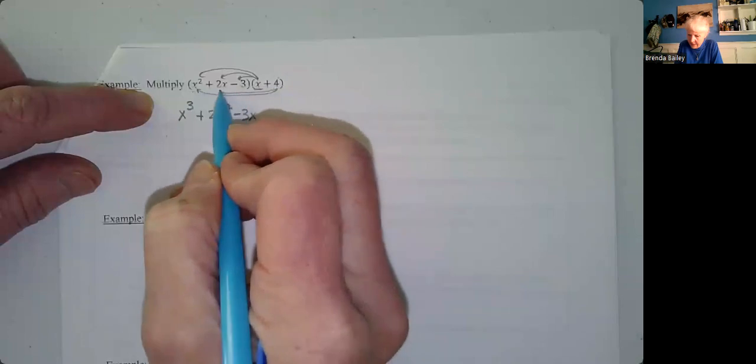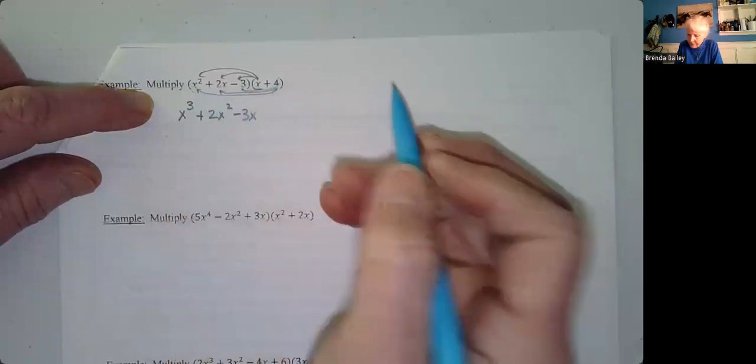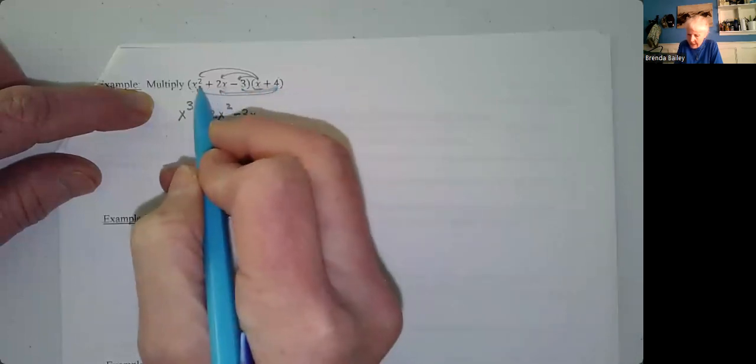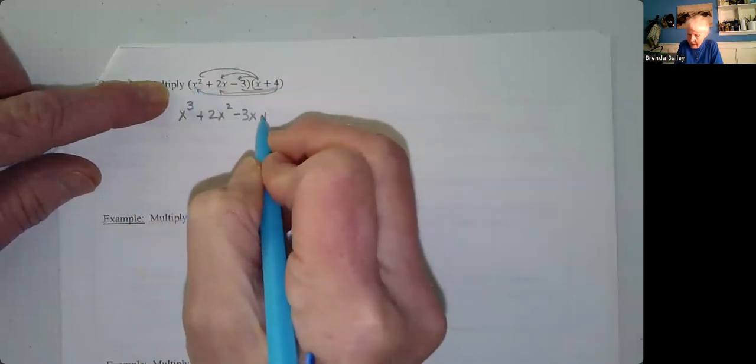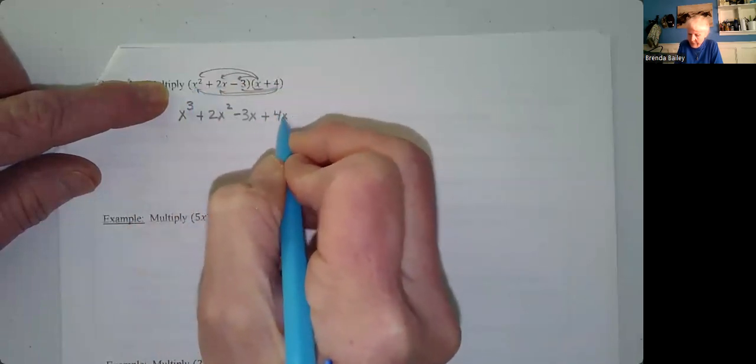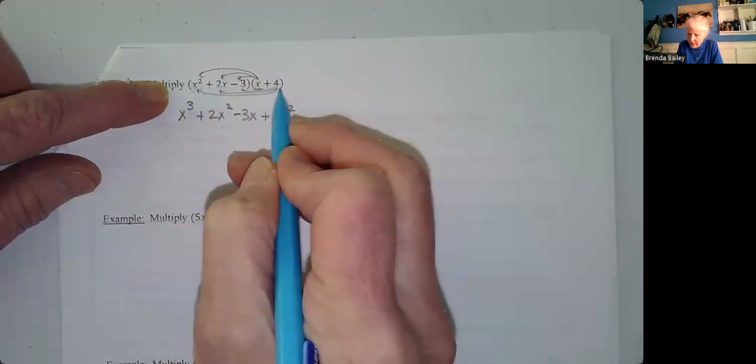The 4 times this, the 4 times this, and the 4 times that. 4 times x squared is 4x squared. 4 times a positive 2x is a positive 8x. 4 times a negative 3 is a negative 12.